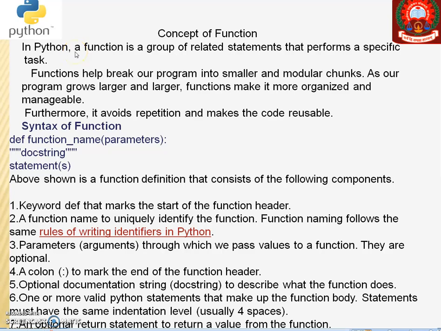If you literally go through this definition in Python, are you getting it? Whatever is written here, whatever they have defined related to functions of Python, a definition of function: that function is a group of related statements that perform a specific task.